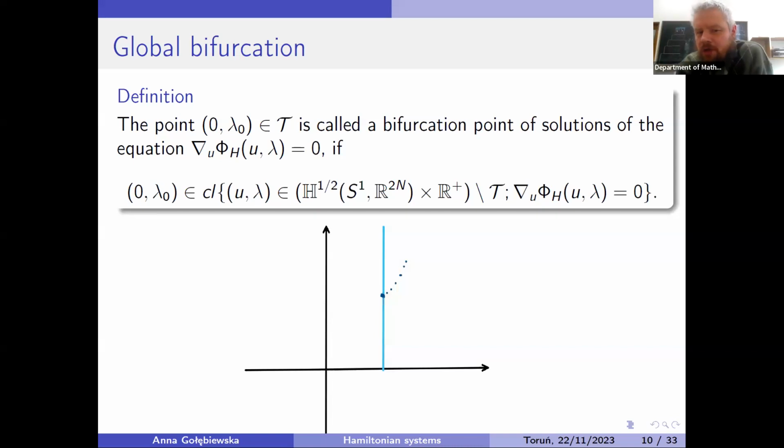And can we predict something about what happens to the stability of this constant solution after the bifurcation? Yes, this is the very natural question, and it is the question that people who apply these things naturally ask.